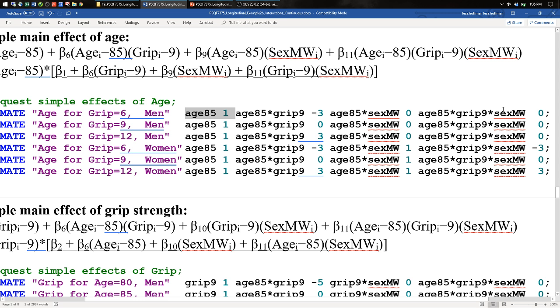That would be how you marginalize across your sample. Now, that brings up an interesting point. You could easily find the mean for grip strength, but what would the mean for gender be? In this sample, I think it's maybe 60% women or something, so you'd put in like a 0.6. But then it's the age slope for someone with a gender of 0.6, which, it'll give it to you, but what?